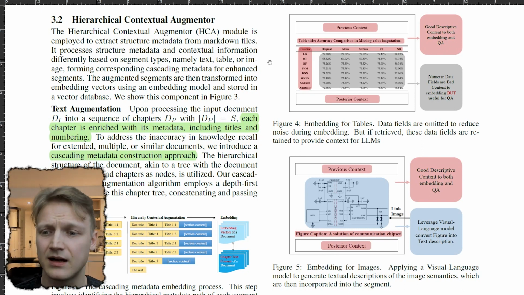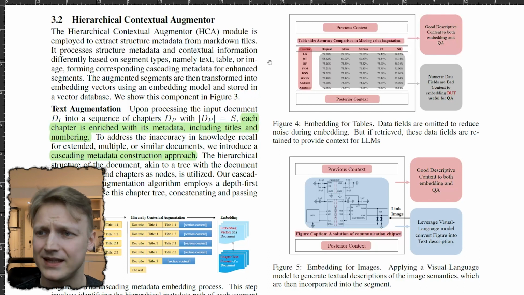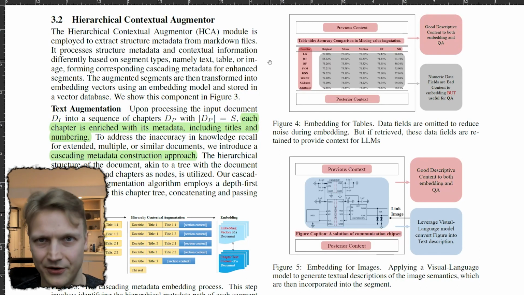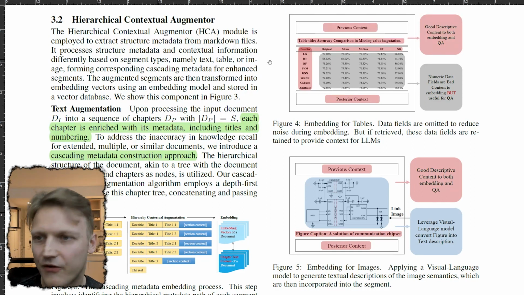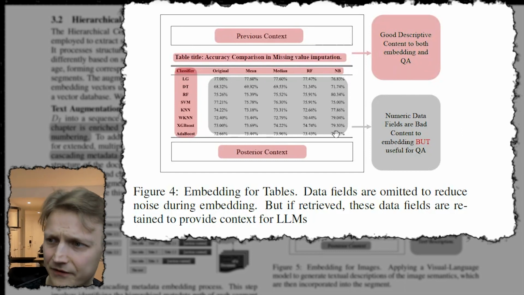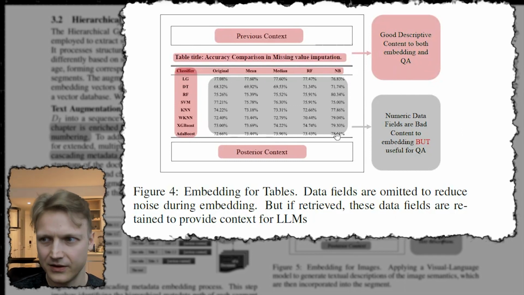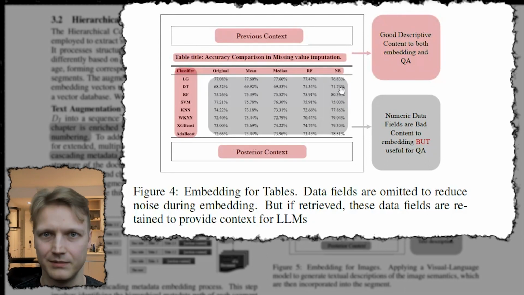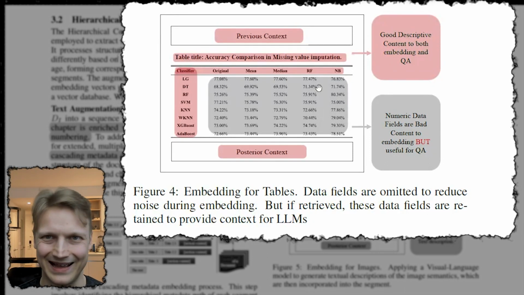So that's gonna cover that piece, but they've also got tables. Sometimes you can see various tables in the documents or even images. So they've got it covered too. For the tables, what they do is strip out all of the cell values from the table. They're leaving just the column names and row names, basically the header.